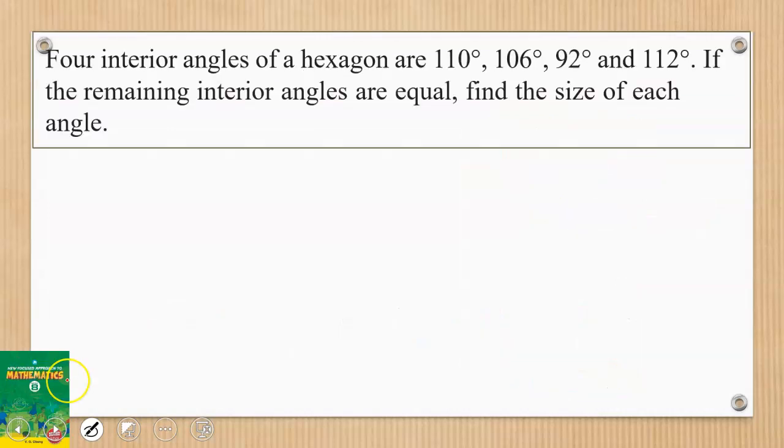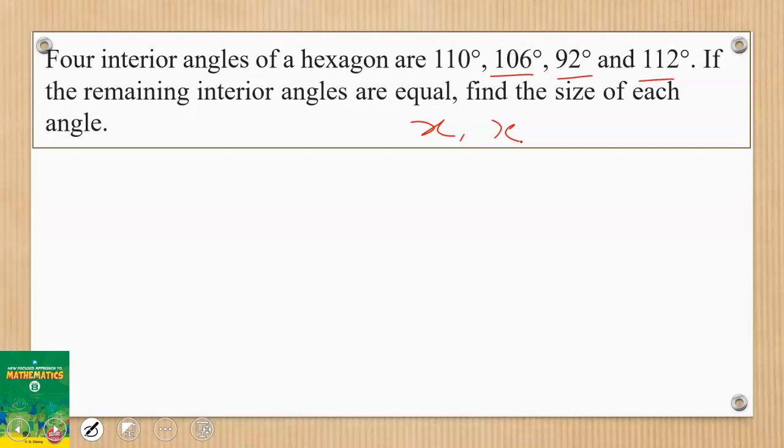Now our next question says 4 interior angles of a hexagon are 110, 106, 92, and 112. If the remaining 2 are equal, find the size of each of the 2 remaining angles. Let us assume that the 2 remaining angles will be x and x, because if they are equal, I can put the same variable to represent both of them.